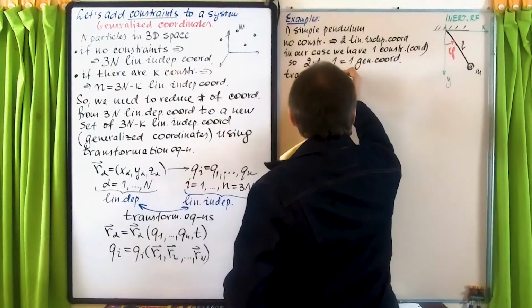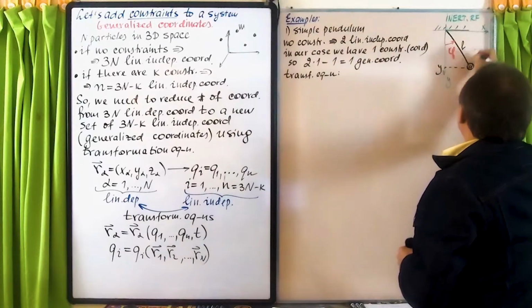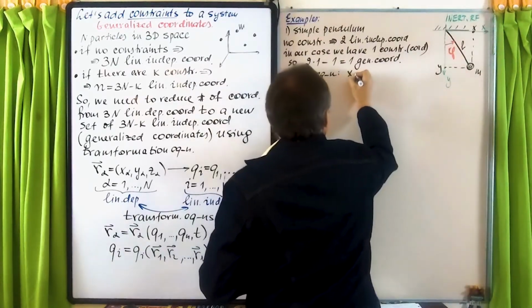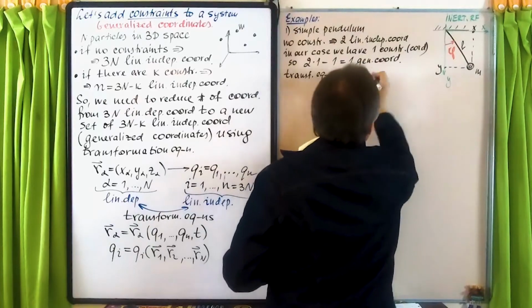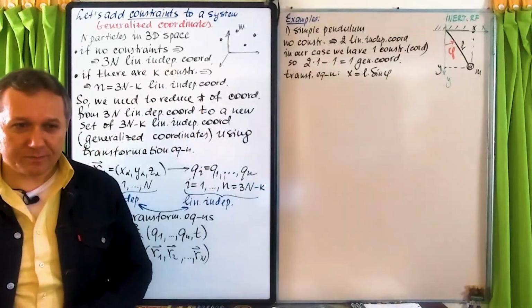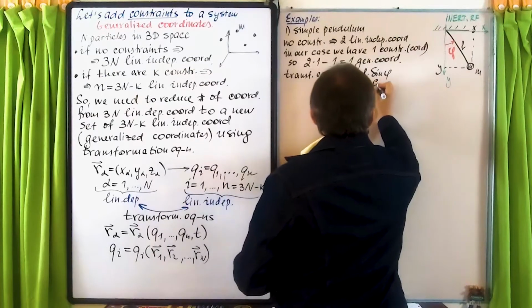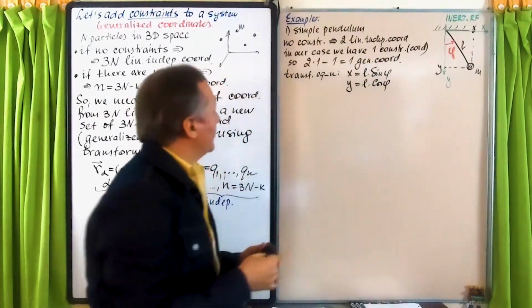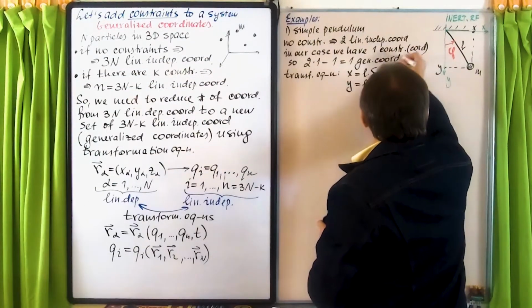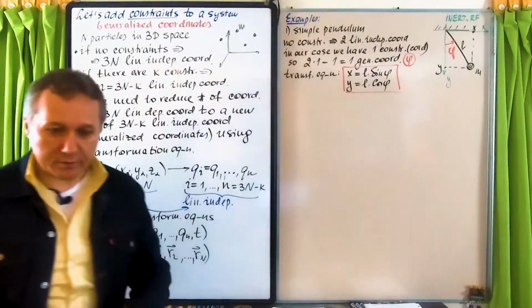So this is the y coordinate, and this is the x coordinate. So x equals L times sine phi, the first transformation equation, and the second, y equals L times cosine phi.